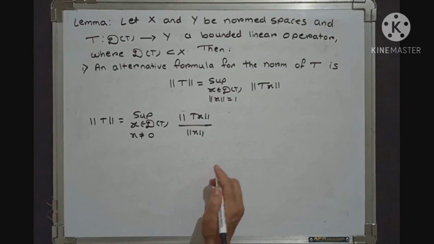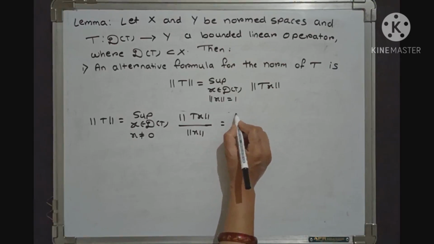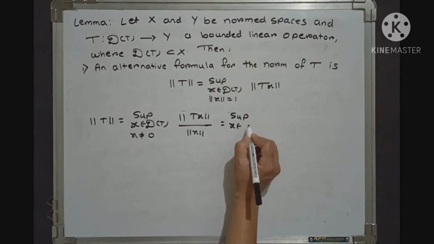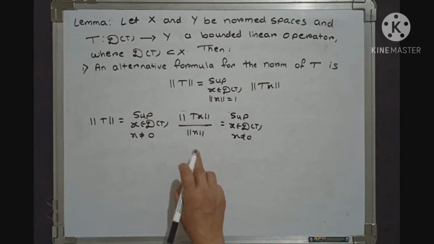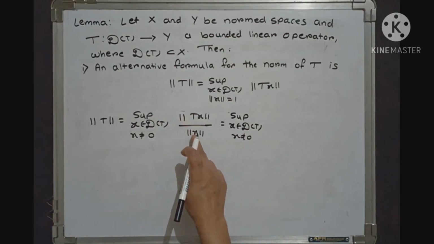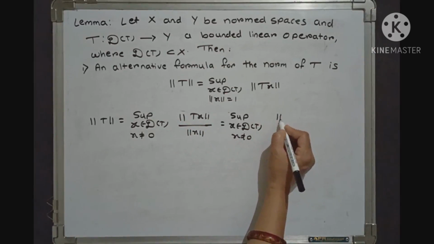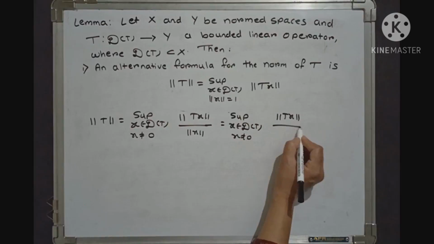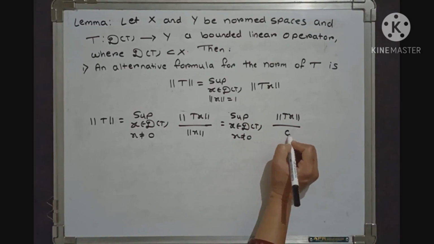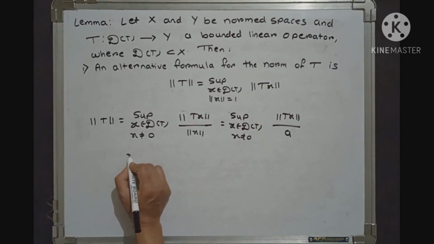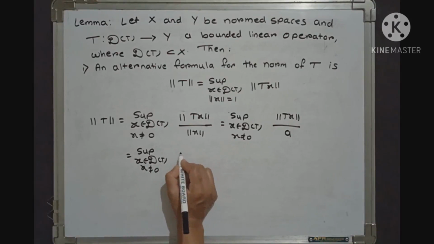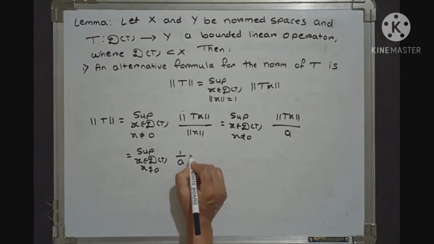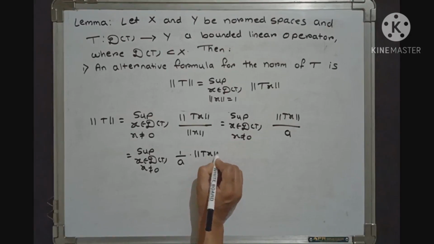Now here we put this value: 1 divided by the norm of x, that is, the norm of Tx divided by the value of the norm of x, which is a, equals the supremum over x belonging to D(T), x not equal to 0, of 1 by a times the norm of Tx.